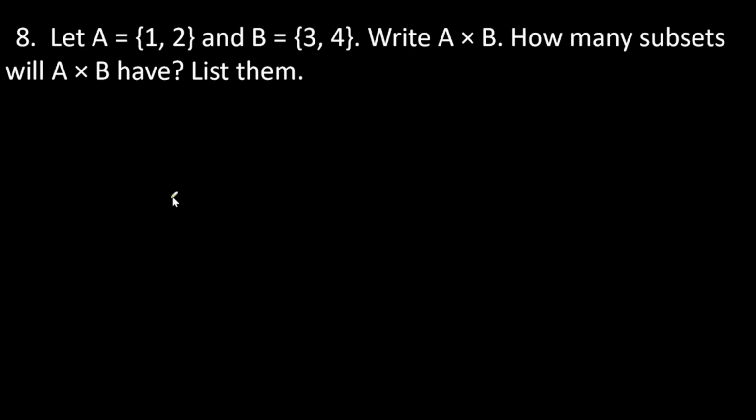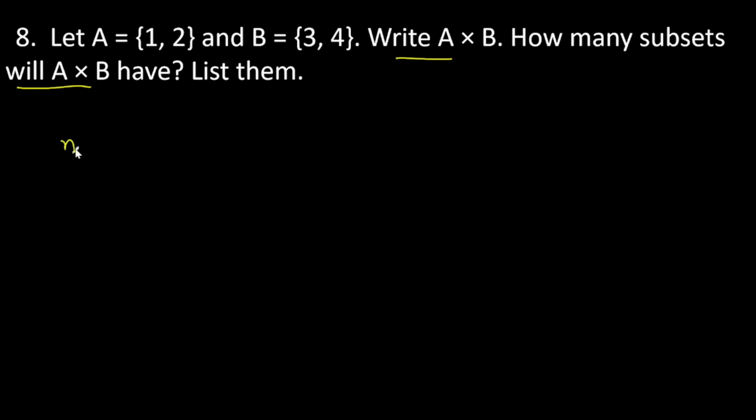Next we'll move to question number 8. Let A equals 1, 2, B equals 3, 4. Write A cross B and how many subsets will A cross B have, and list them. So without any calculation we can find the number of elements present in A cross B. How?